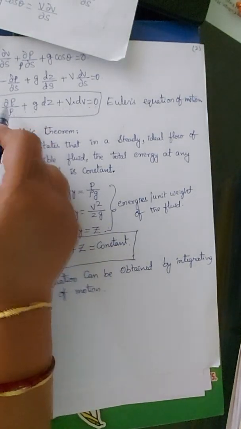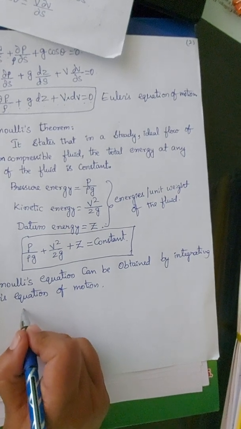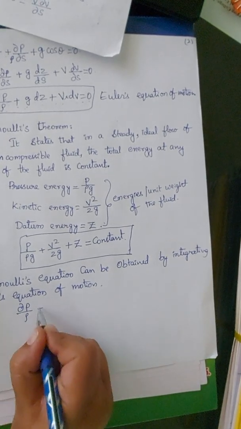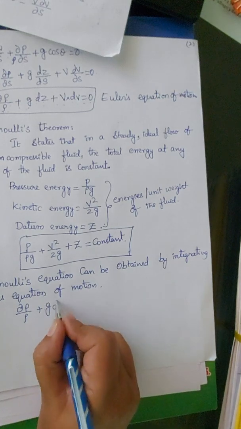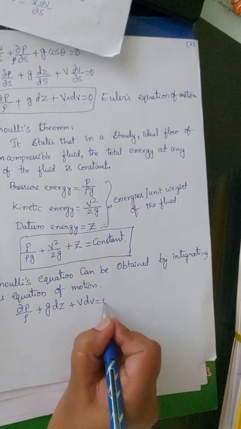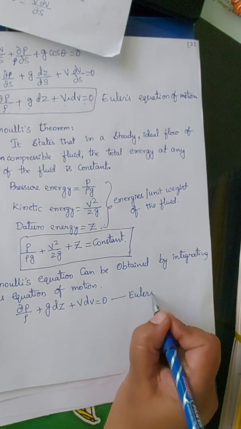We have derived it in the previous class, that is dP divided by rho plus g dz plus V dV is equal to 0. This is Euler's equation.